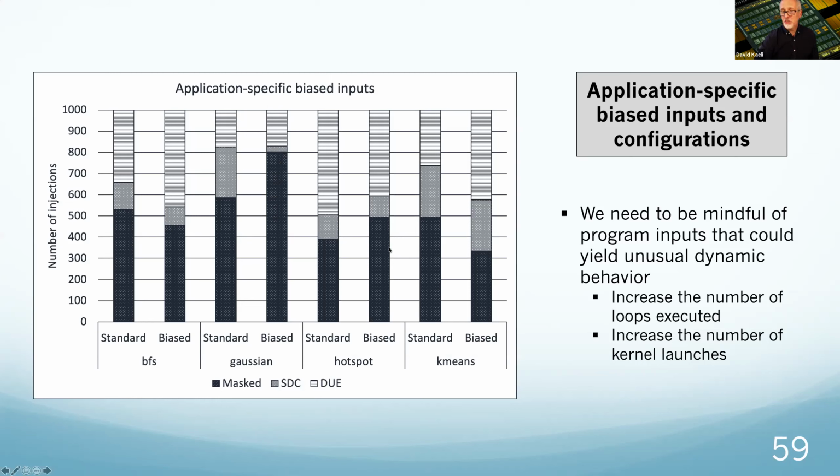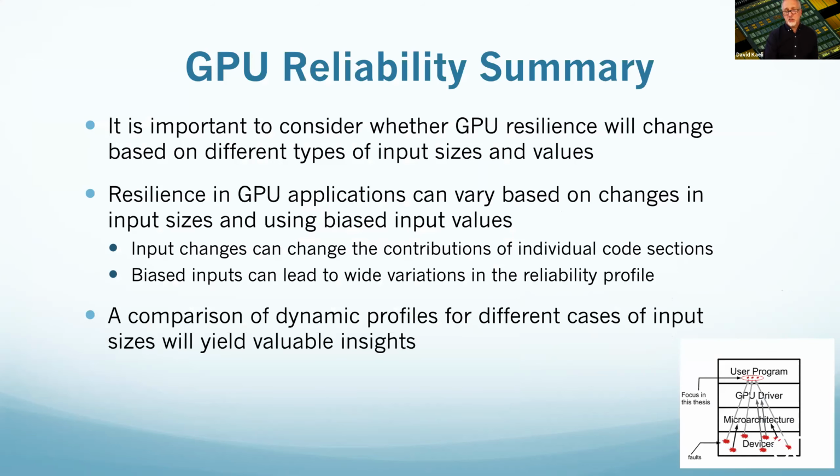Again, we see some shifts when we use these biased inputs. So if we look at purposeful changes in the program inputs and configurations, we'll see some significant differences in terms of the profile.